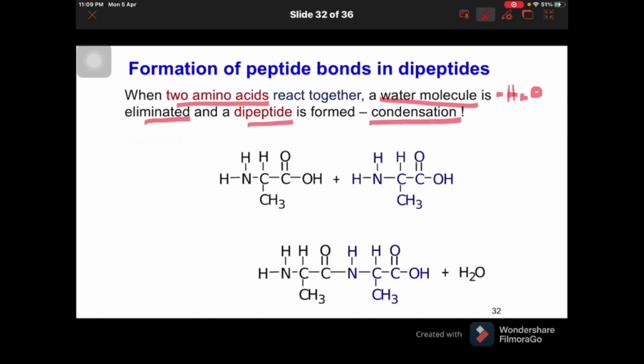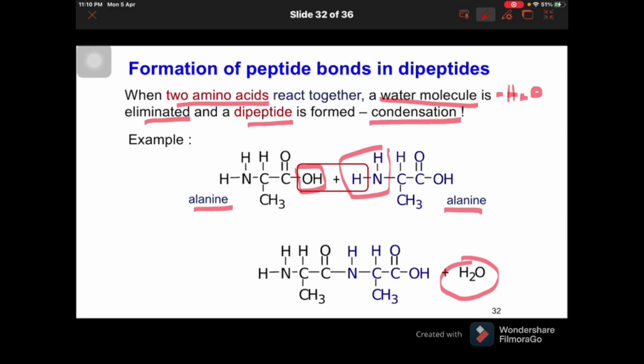Okay, look at the example. Both compounds are alanine. So what happened? The hydroxyl from the carboxylic group will be eliminated, and the hydrogen atom from the amino group will be removed to form a water molecule.